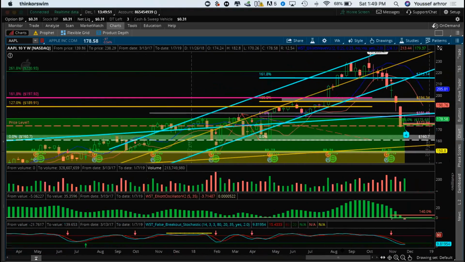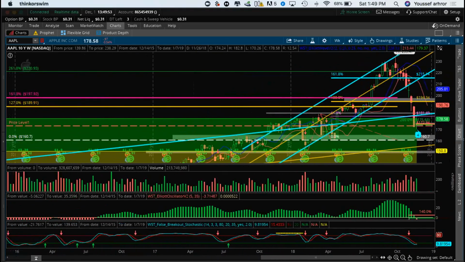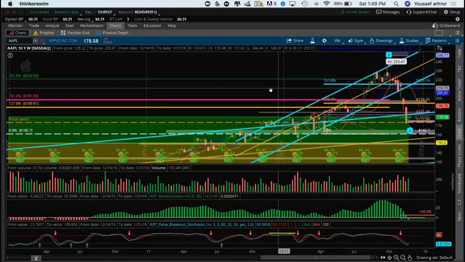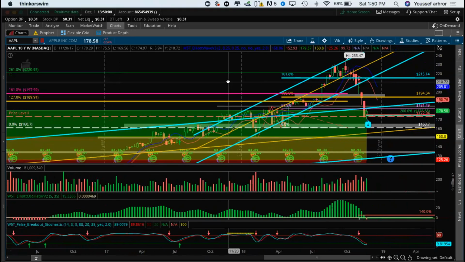Let's zoom out a little bit more. What I wanted to draw your attention to initially, it looks quite busy, but my charts are reasonably busy in a stock like this anyway.